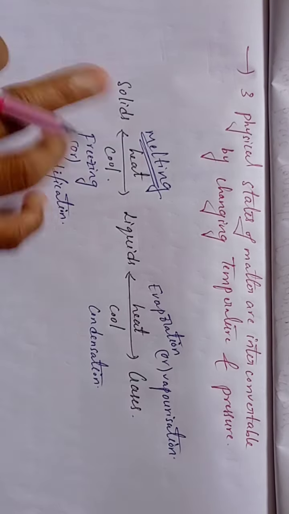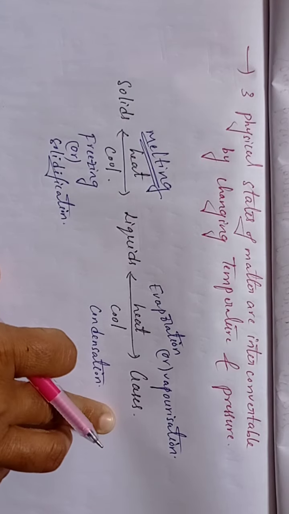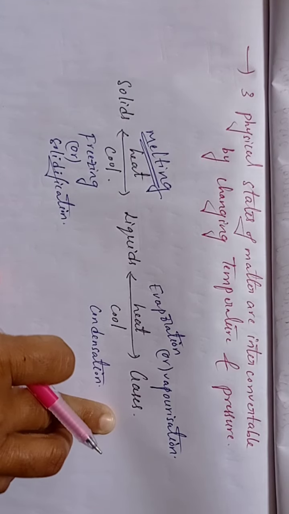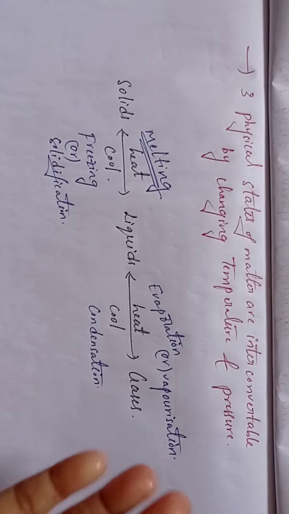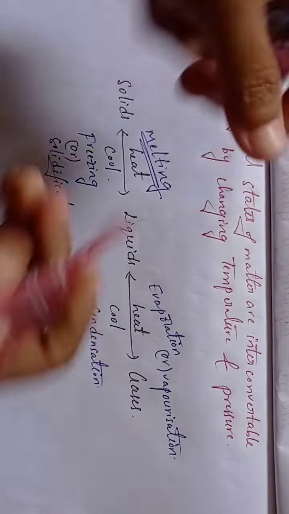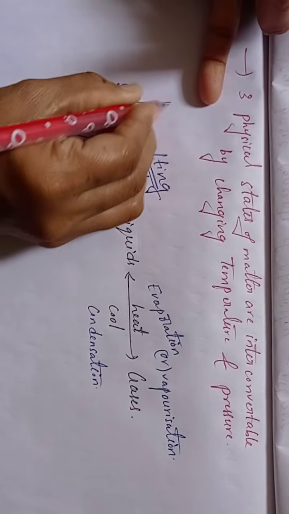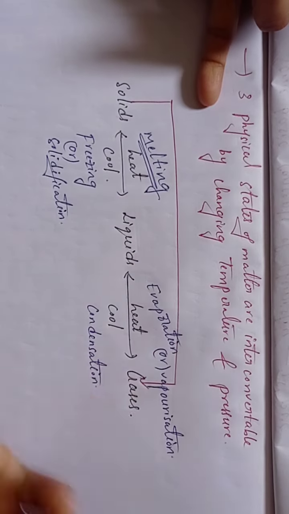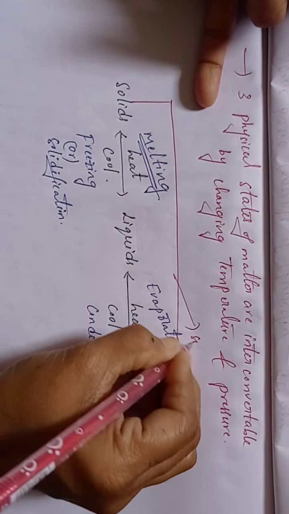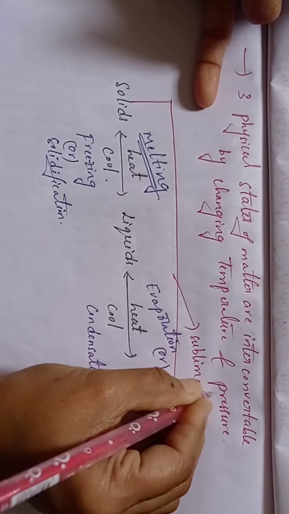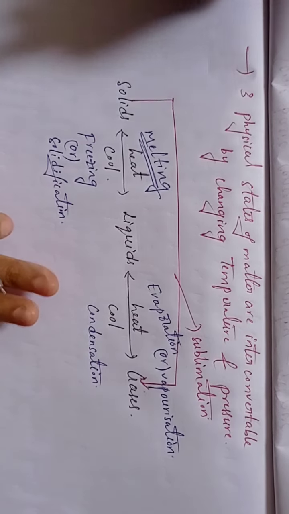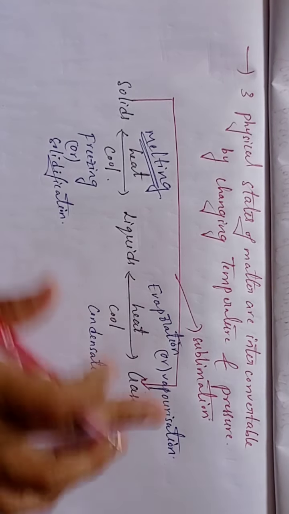Now, solids convert into gases. Directly, solid converts into gas, students. This process is called sublimation. If solid directly converts into gas, this process is called sublimation. Understanding? This is called sublimation.